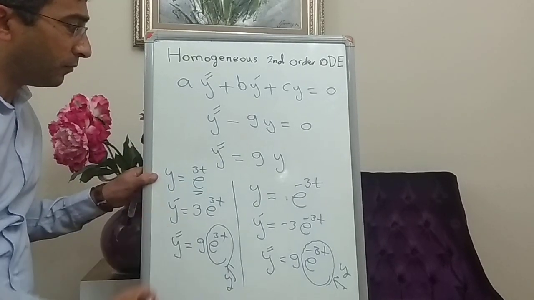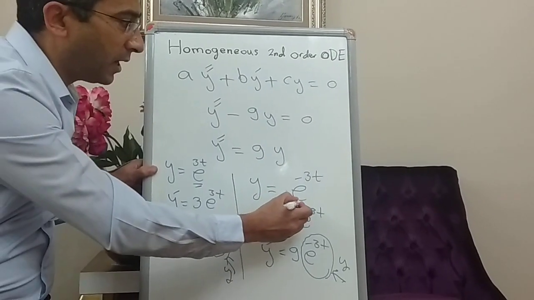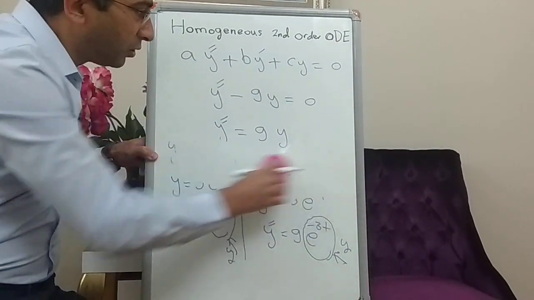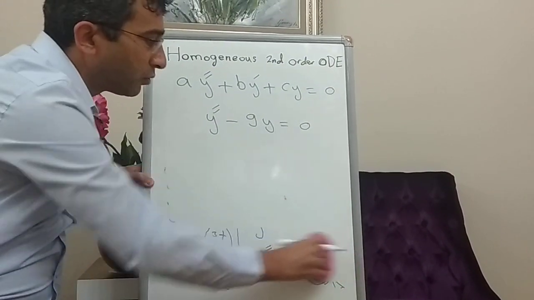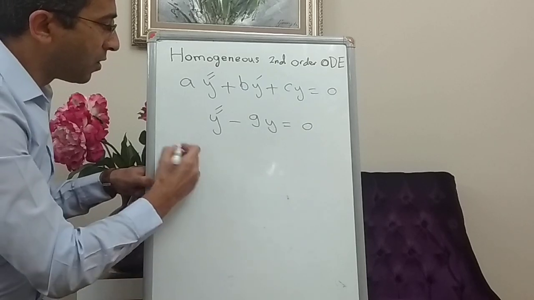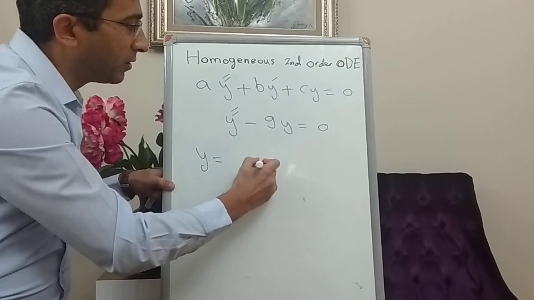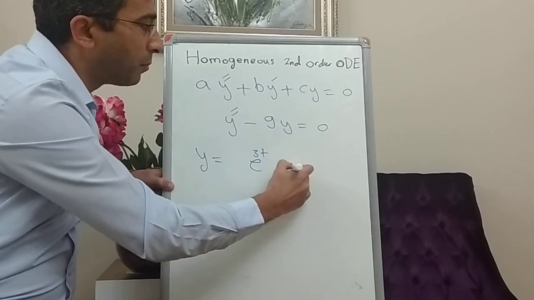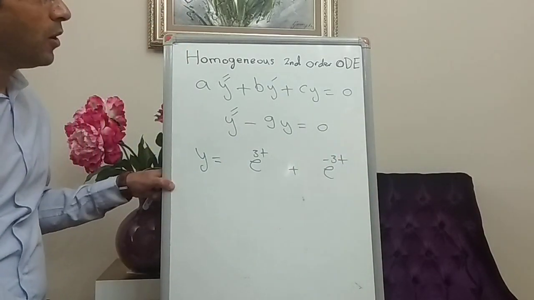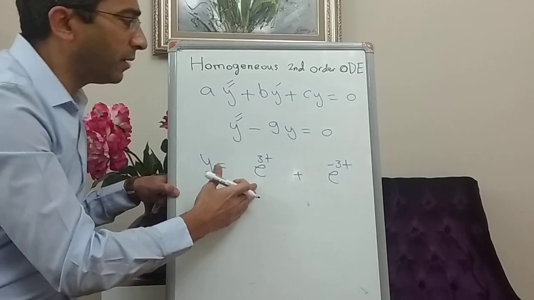This is e to the 3t, and this is e to the minus 3t. So the general solution for this equation is y equal to the first function plus the second function, or any combination of them.